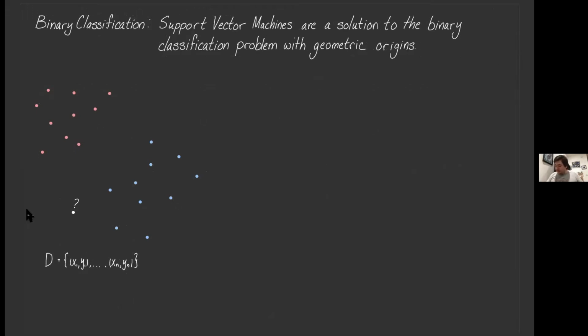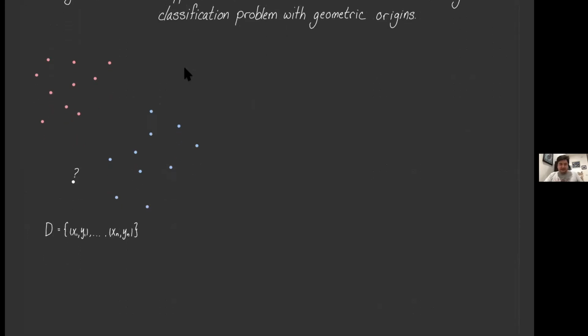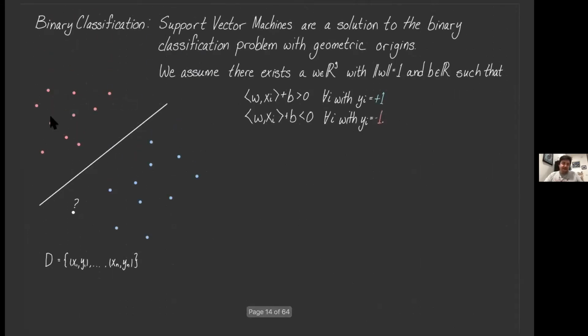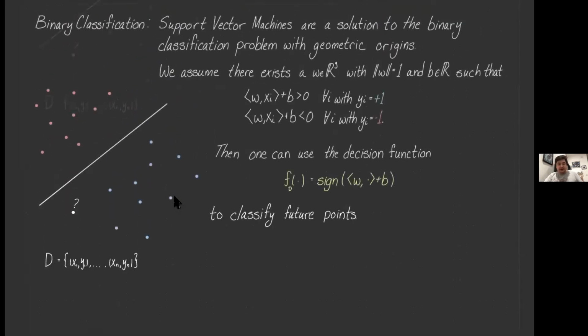The dumbest thing I could do is to just draw a line between the red points and the blue points and say, if you're on one side, you're a red point, and if you're on the other side, you're a blue point. Simple enough. The decision function, which classifies future points, will just be this sign function here. If you're on one side, you're red. If you're on the other side, you're blue.